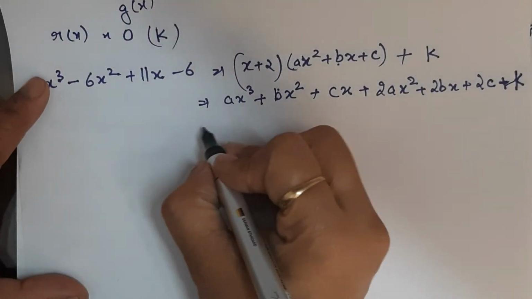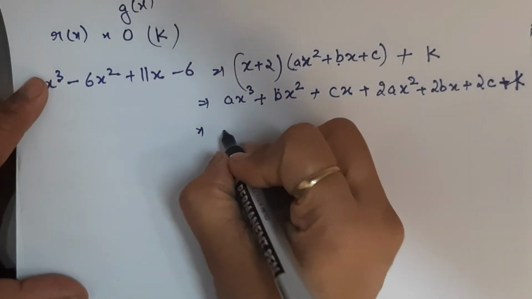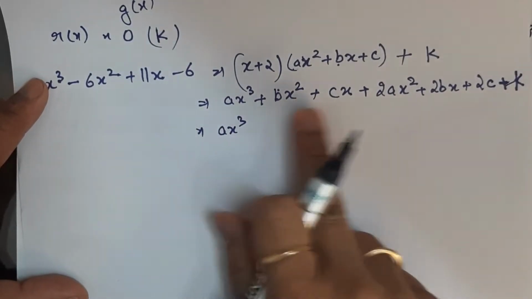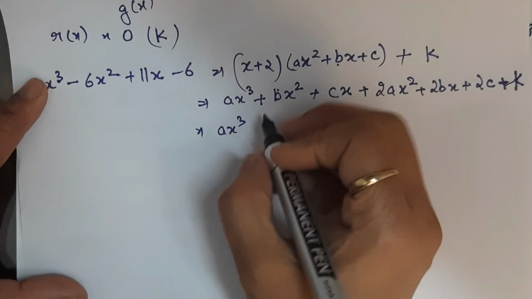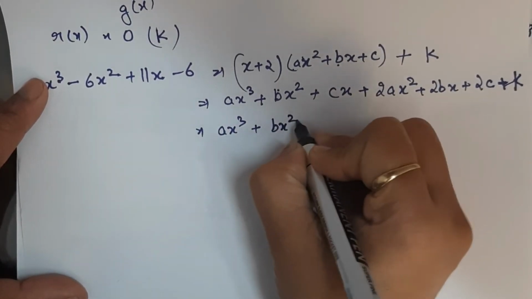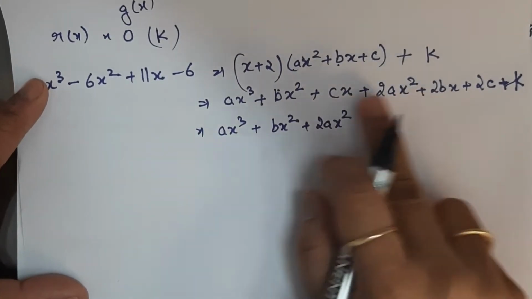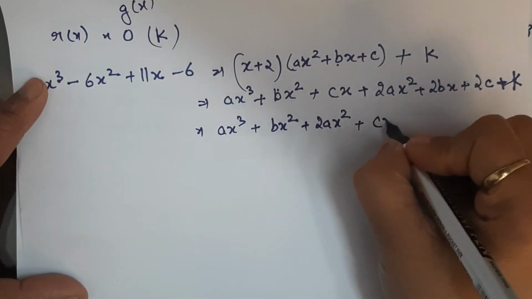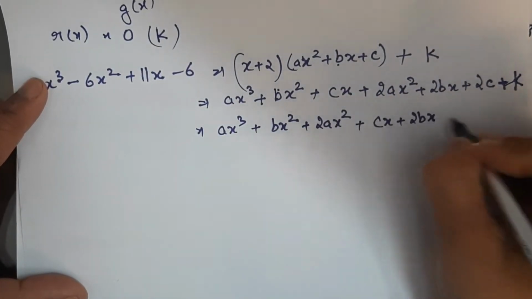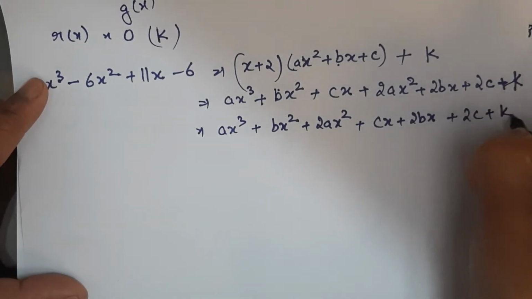See, now x³ is only this ax³. Now for x², two things are there, so put them together: bx² + 2ax². Now the x terms together: cx + 2bx. Now 2c + k.